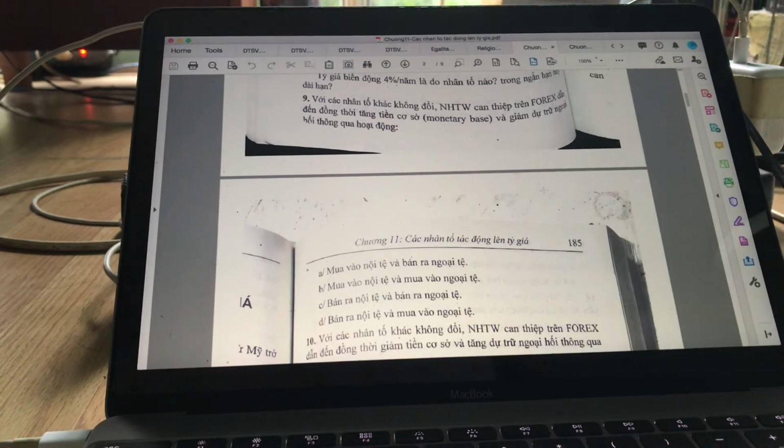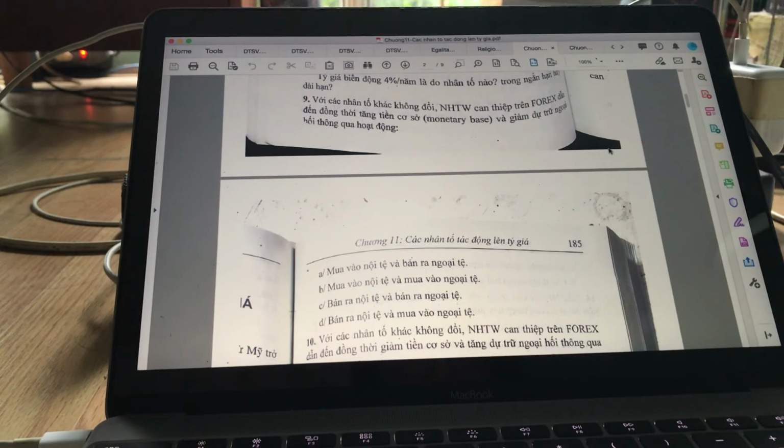Minh Phạm, you have a different answer. My answer is C. To increase the monetary base, have to sell the domestic currency, and to decrease the foreign reserve, the reserve asset, have to sell.